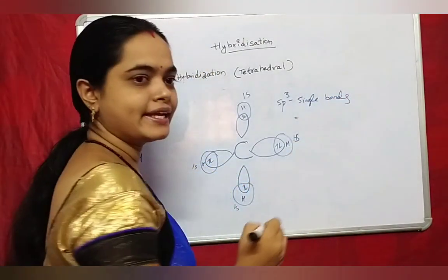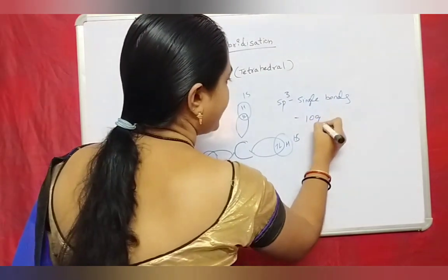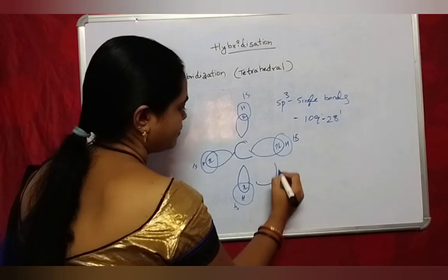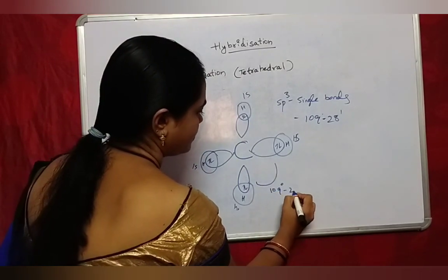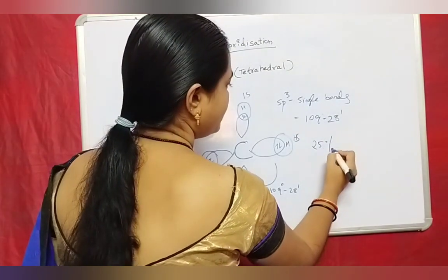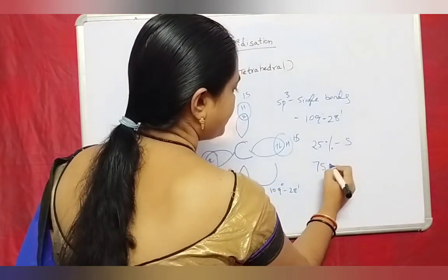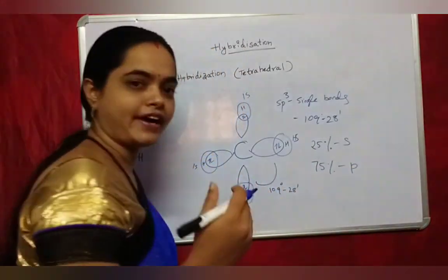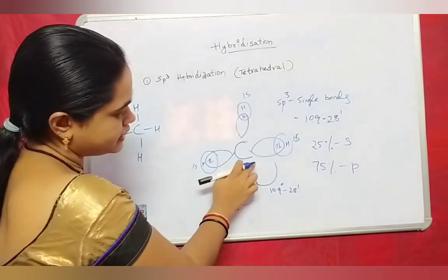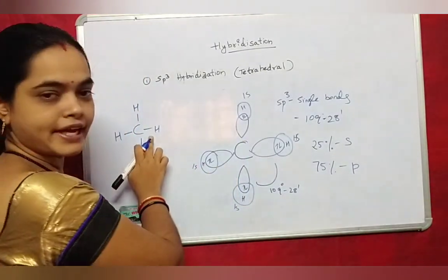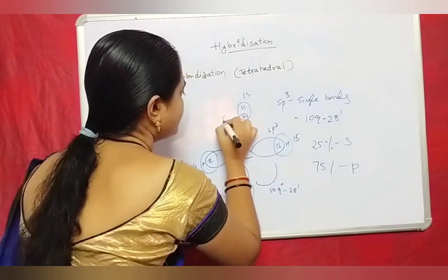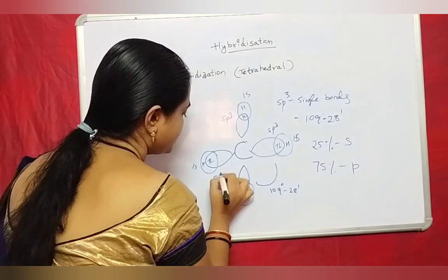And here, the bond angle, how much? 109 degrees 28 minutes is the bond angle. Here there is 25% s character, while the p character is 75%. All these are single bonds: carbon hydrogen, carbon hydrogen, carbon hydrogen, carbon hydrogen. So all are sp3 hybridization.